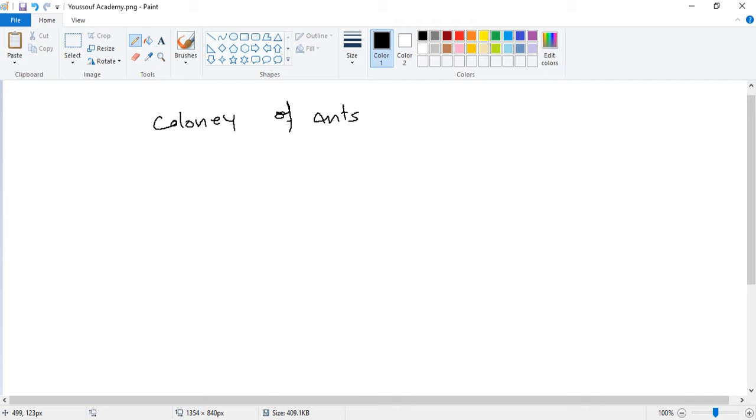On Monday there were 25 ants. If the colony of ants grows at a rate of 5% per day, how many will there be on Saturday? They grow at 5% per day.